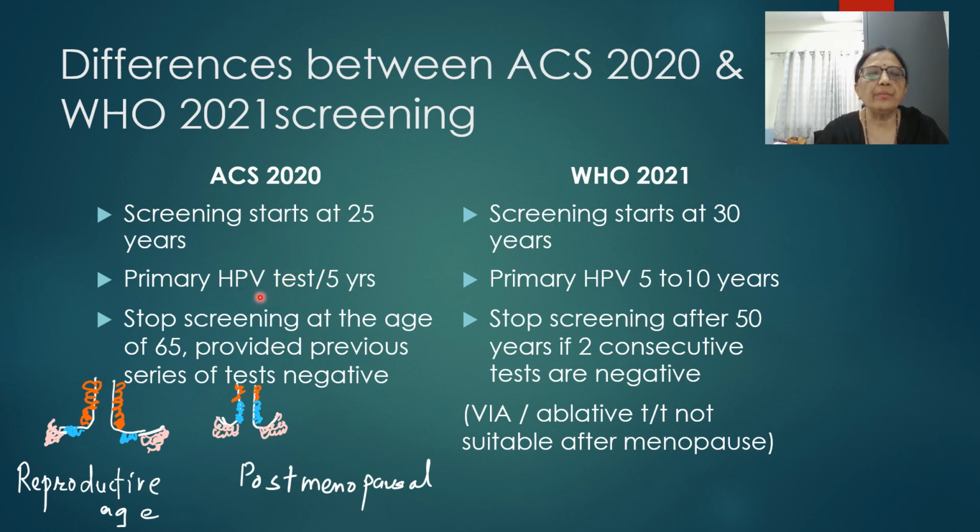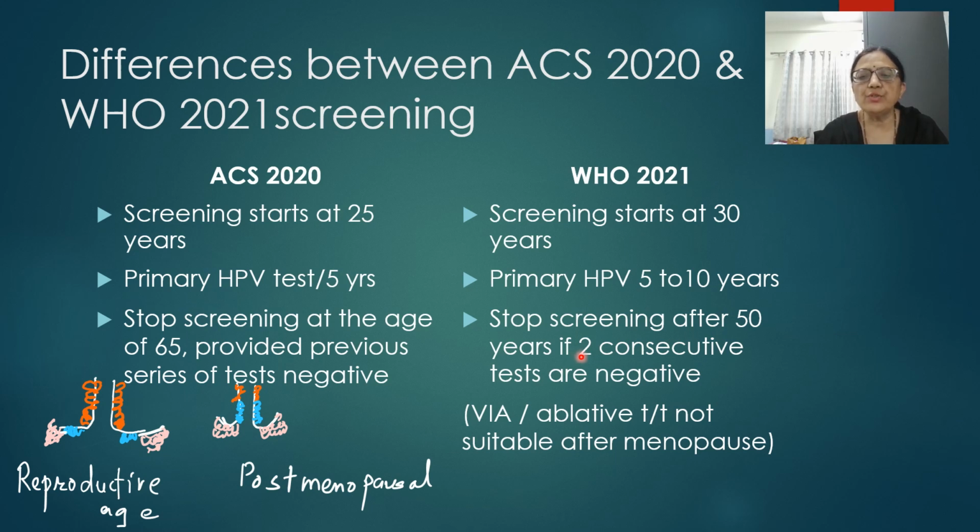ACS advocates primary HPV test every 5 years, whereas WHO advocates primary HPV test every 5 to 10 years. Screening should be stopped as per ACS at the age of 65, provided the previous series of tests are negative. Whereas as per WHO, we can stop screening after the age of 50 years.